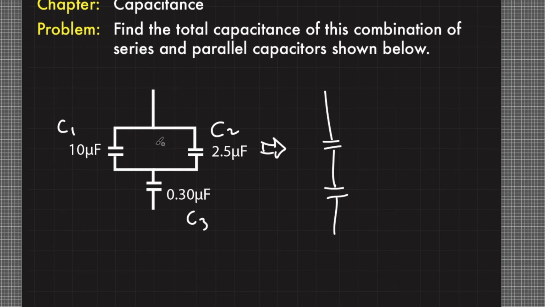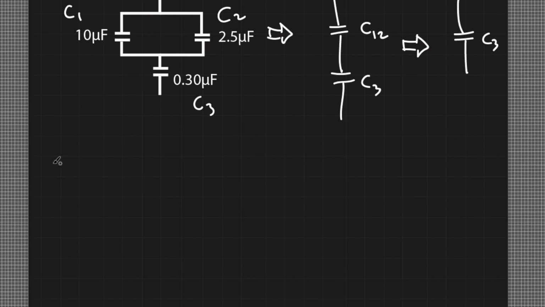When I first calculate the equivalent capacitance of C sub 1 and C sub 2, I'll end up with C sub 1,2, which is now in series with C sub 3. Then I'll just calculate their equivalent capacitance like this. Let's start with C sub 1,2.